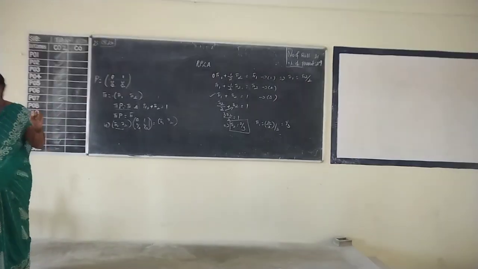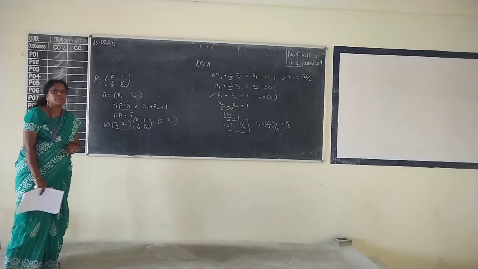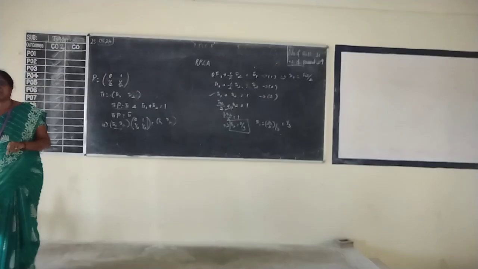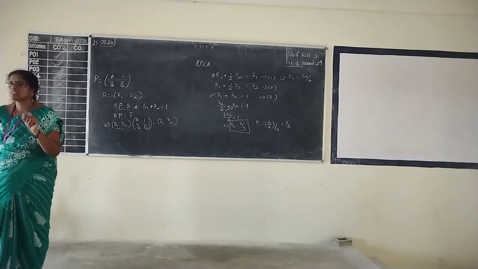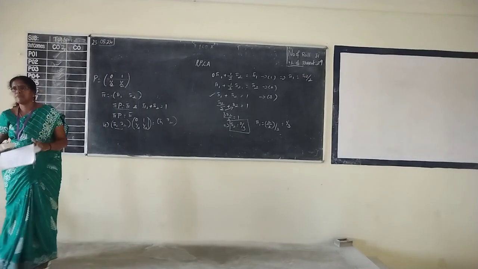How will you cross verify whether the answer is right or wrong? When you add pi 1 and pi 2, it should be equal to 1. Is it equal to 1? Yes, 1 by 3 plus 2 by 3 is equal to 1. You can cross verify yourself.